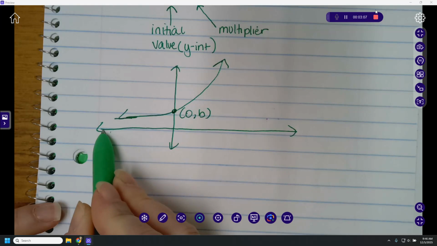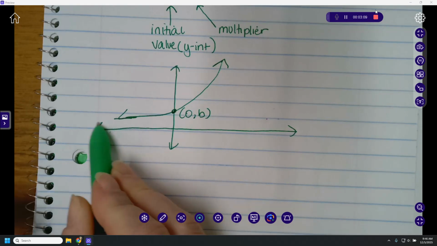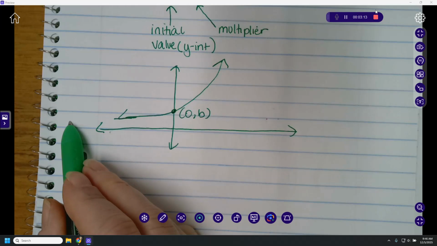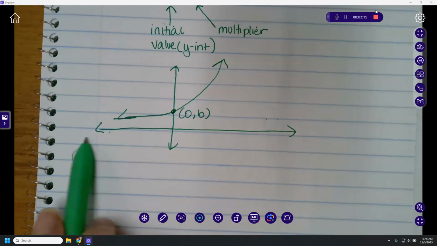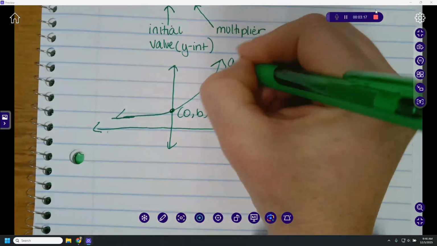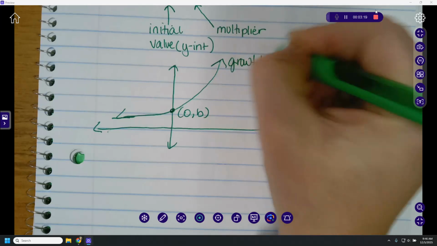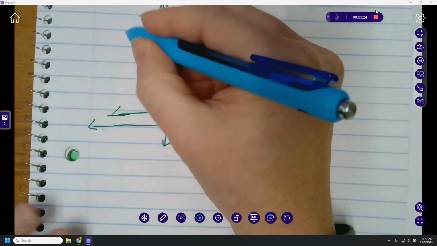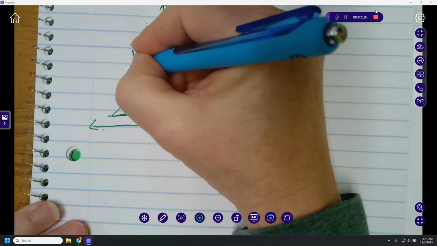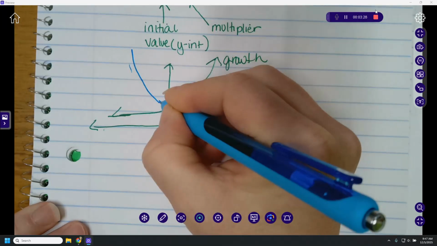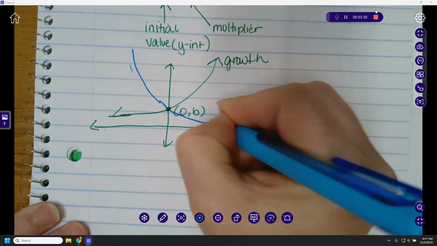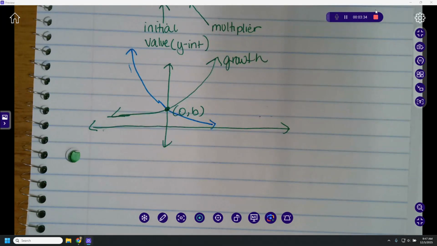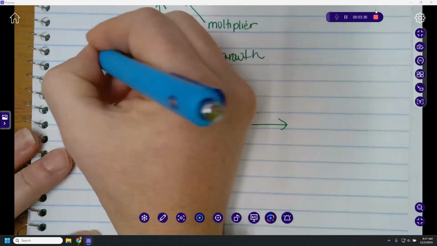And in the left direction, it's going to go towards 0. It'll never, ever, ever cross 0. We call this a horizontal asymptote. This is a growth situation. A decay situation starts really high and then comes down through that y-intercept, and this time approaches that horizontal asymptote as it moves to the right. So this would be a decay situation.